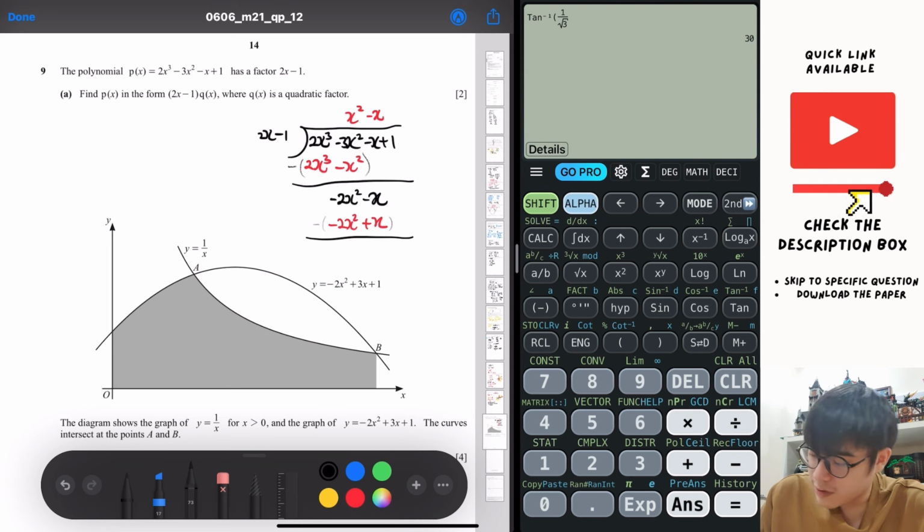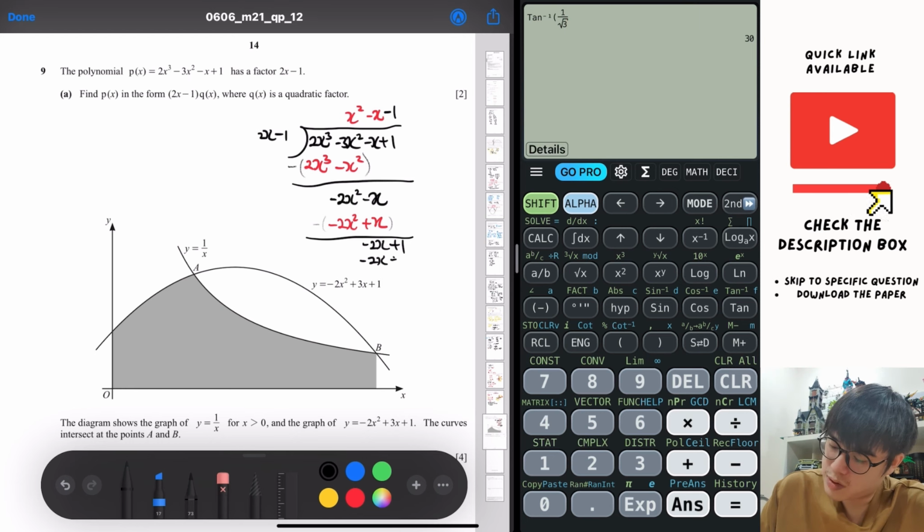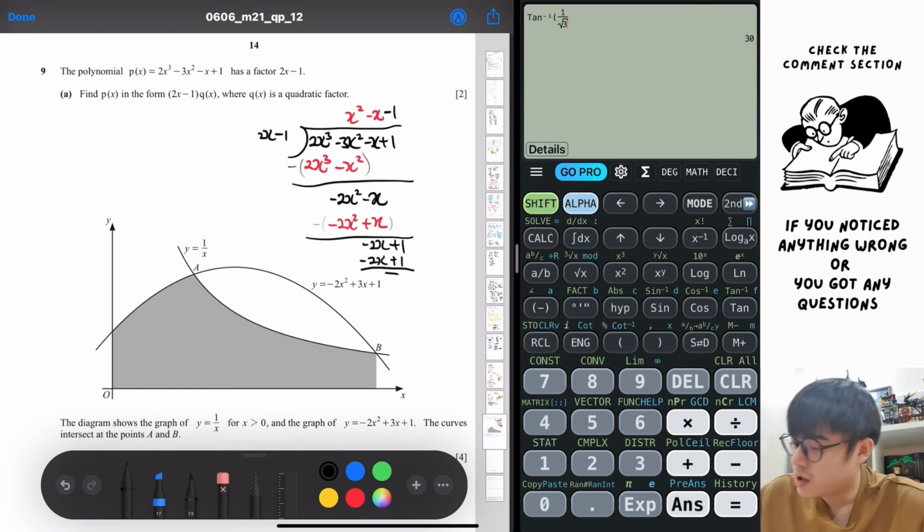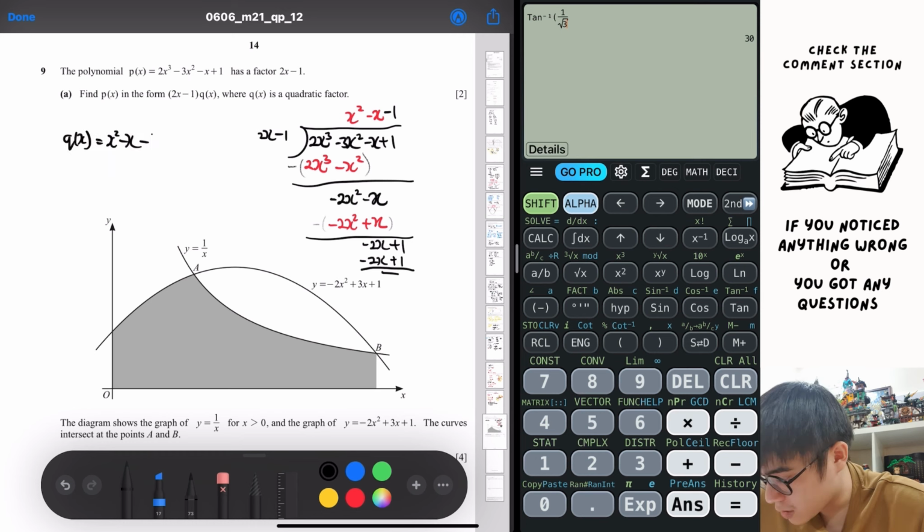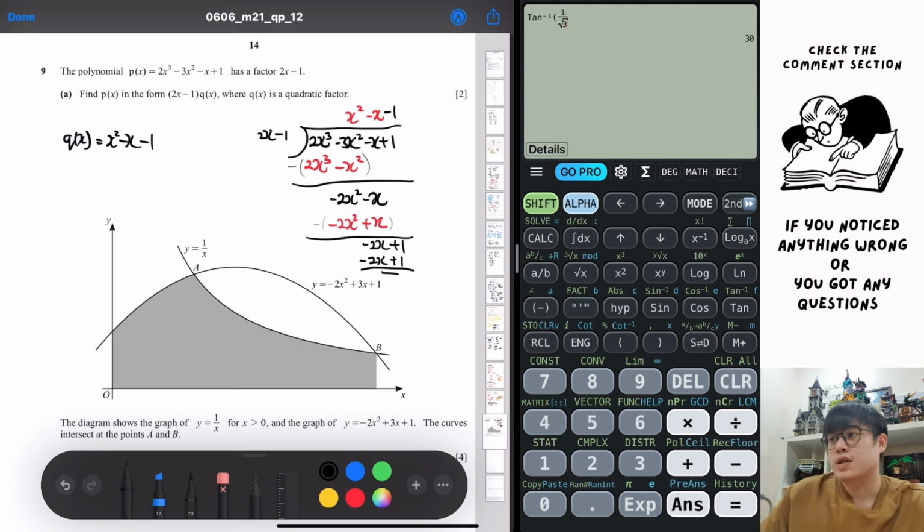So the final answer of this will actually be negative 2x plus 1. So to get it done, I will put a minus 1 at the end. So that's how you get to the q(x) value, which is x squared minus x minus 1. Okay, so that's your final answer here.